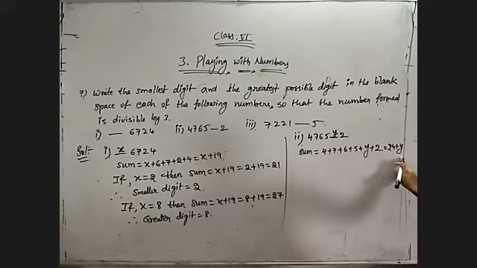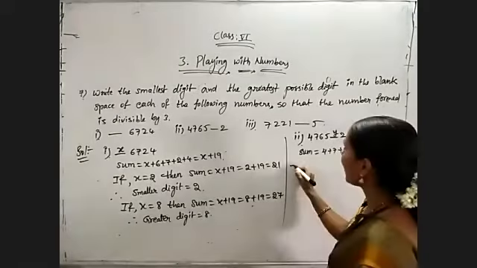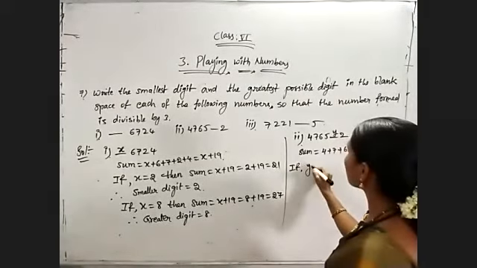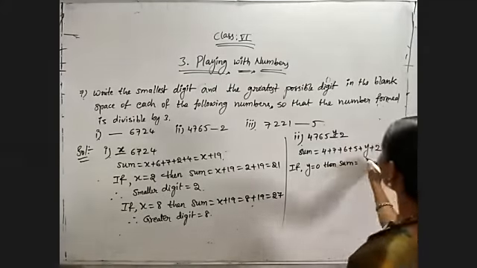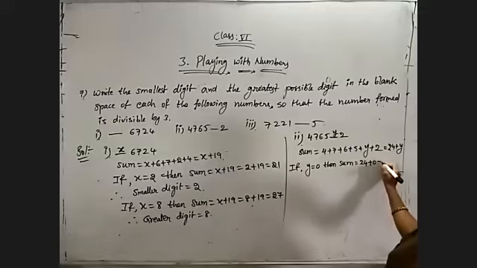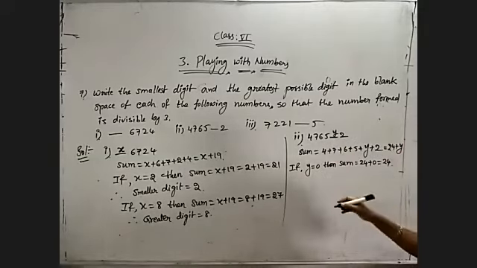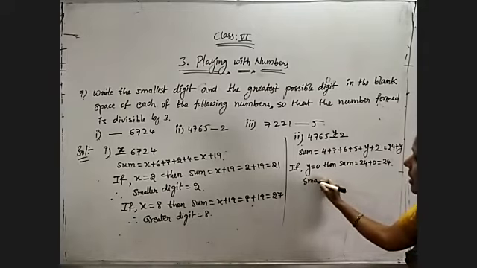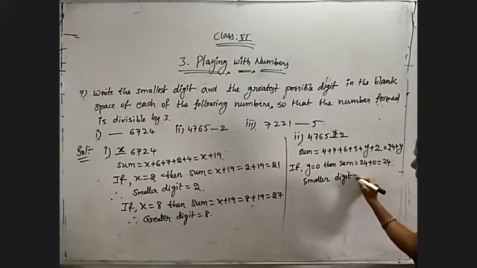So if we add 0, then 24 plus 0 is equal to 24. So the smallest digit placed in place of y is 0. Therefore, 24 is a multiple of 3, and the smaller digit is equal to 0.